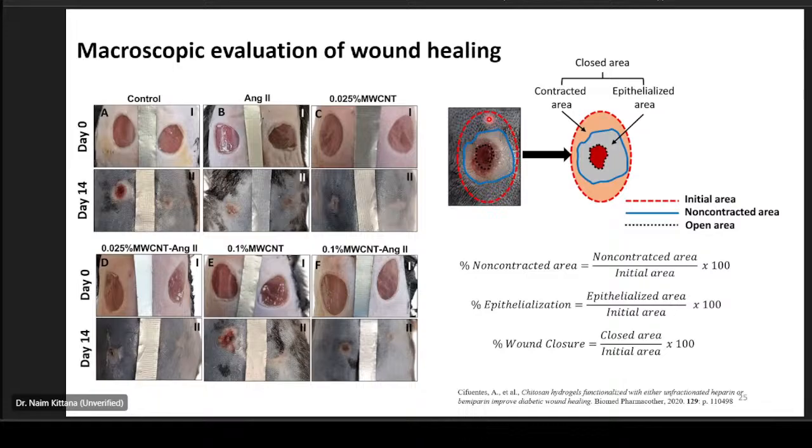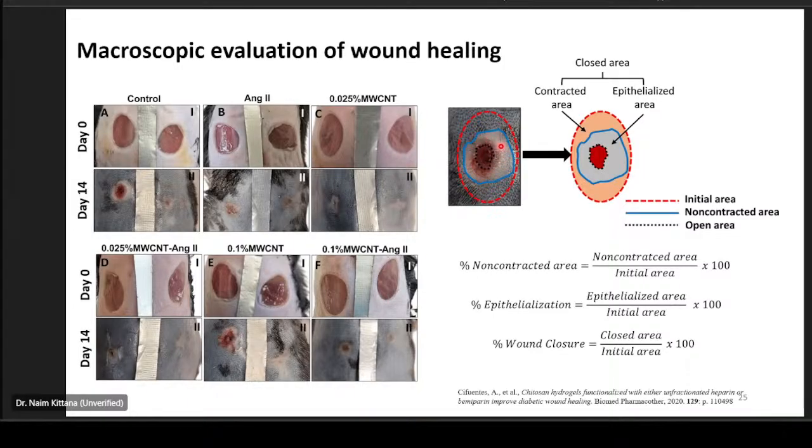But this is normal, healthy skin. So why is it brought here? Because during wound healing there is a contraction process. So the wound normally contracts to minimize the size of the wound. This is a normal phenomenon. So this is the contracted area, and this is the non-contracted area. Also, we can see here this is a newly healed area.